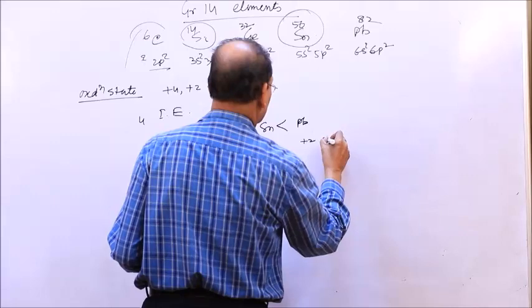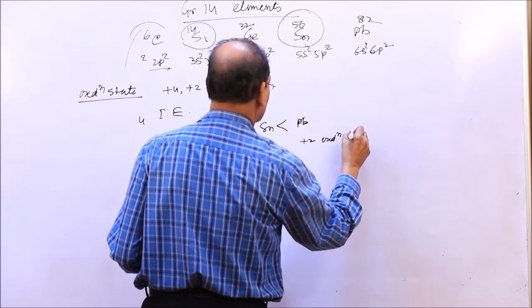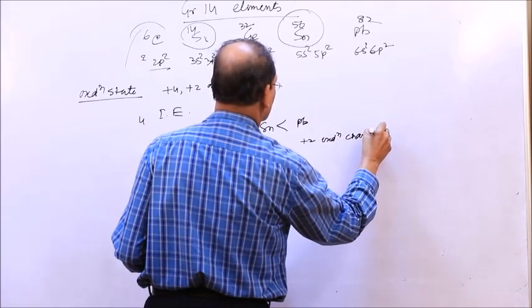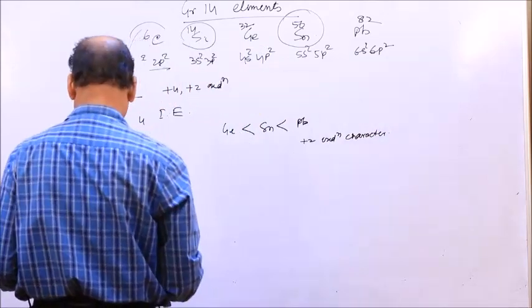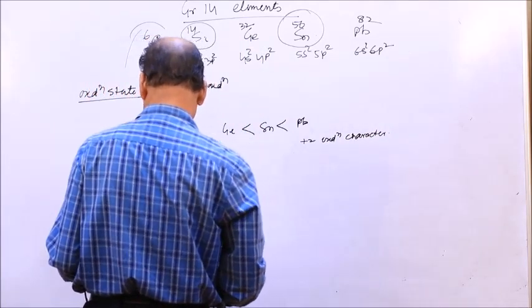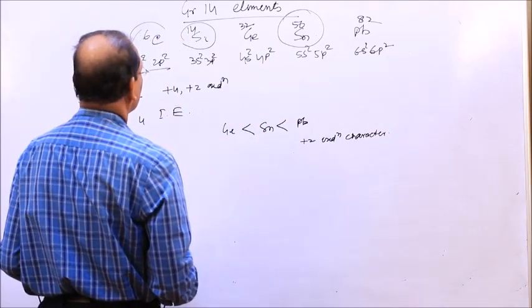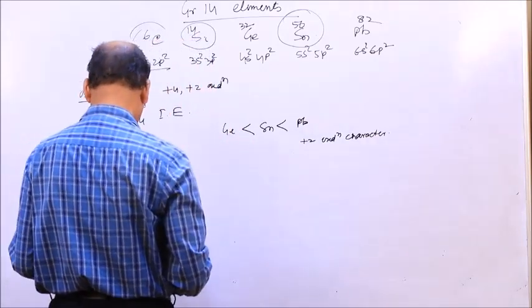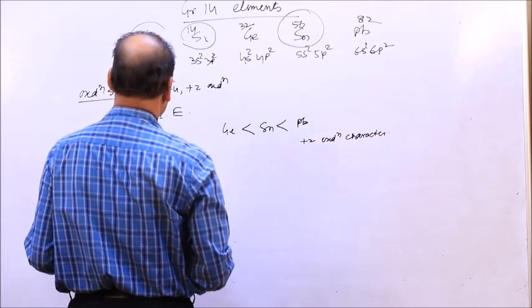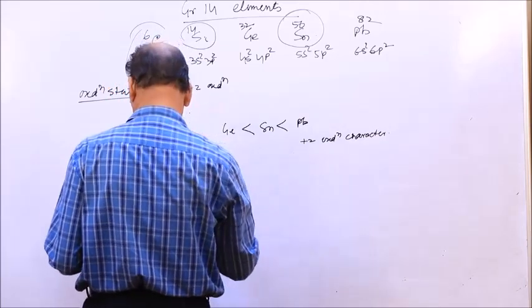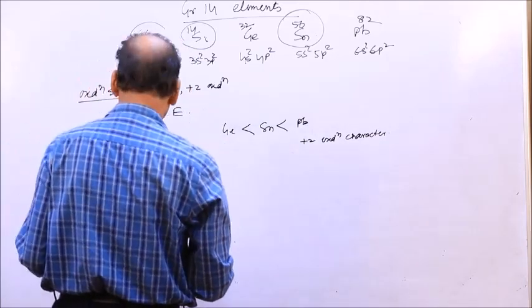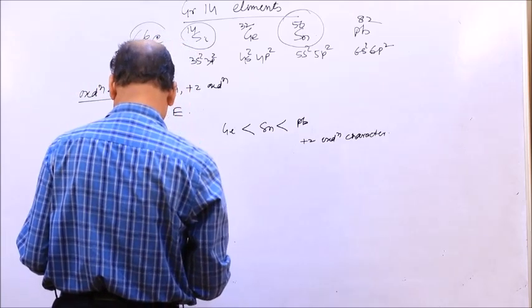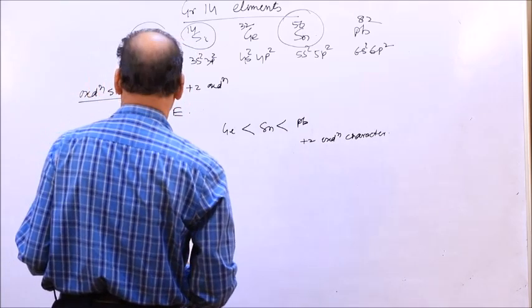Silicon has mostly the +4 oxidation character and has few compounds in the +2 oxidation state. All are having the tetravalent state.